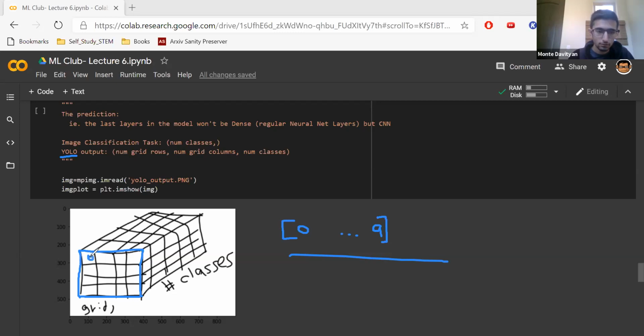Is it in this grid? Or in this grid, and so on. That's going to be one part of your output. But remember, you also want to classify the labels, the what: is it a car, is it a person, is it a building, and so on. And so the other dimension is going to be the number of classes that you have.